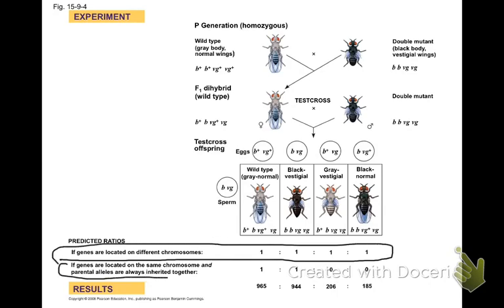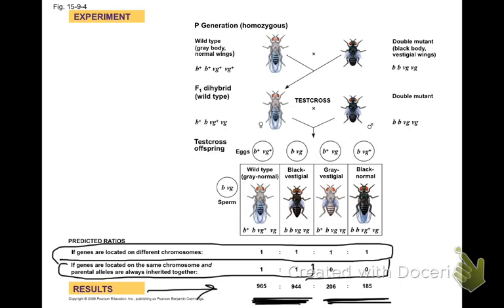If they were on the same chromosome, I will have only the parental type and not the recombinant type. But my actual result gave me a lot of the parental type and a smaller unequal number of the recombinant type. This tells me they probably were present on the same chromosome and some of them crossed over, and this laid the foundation to the fact that crossing over takes place. All right.